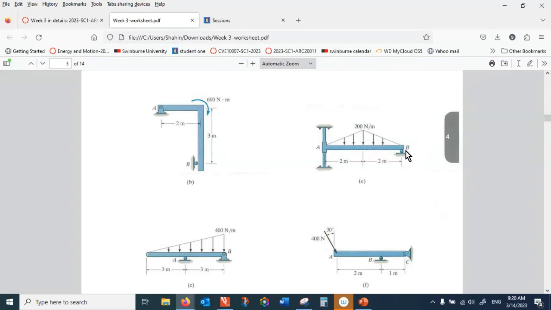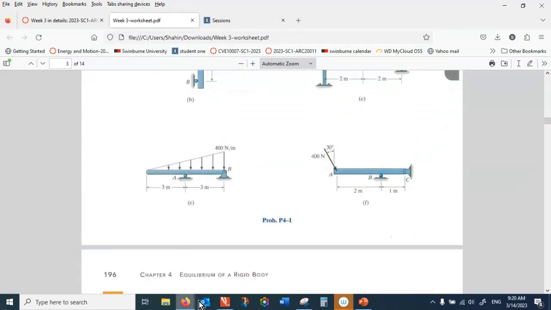And what about B? If I want to find the direction of force, first let's find out the direction of sliding. The direction of sliding is horizontal. And how does it resist? Normal to the sliding.